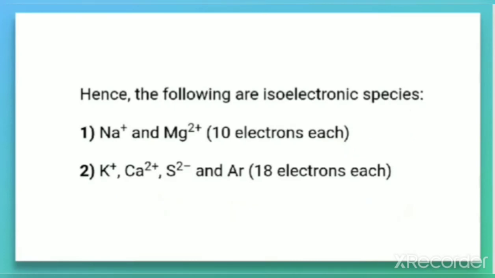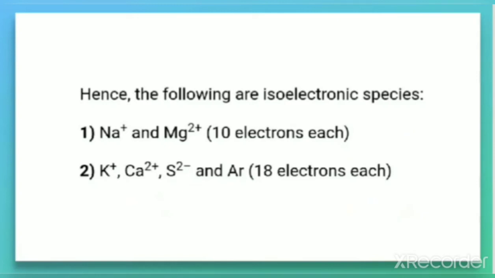Whenever you get such questions, find out the number of electrons present in each species. If it is positively charged, you have to remove that many electrons from the atomic number, and you will get the number of electrons. In the case of a negatively charged ion, you need to add that many electrons depending upon the charge.